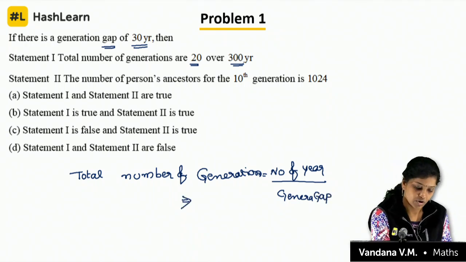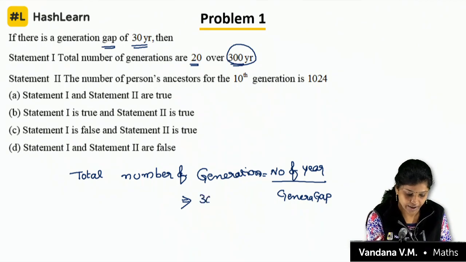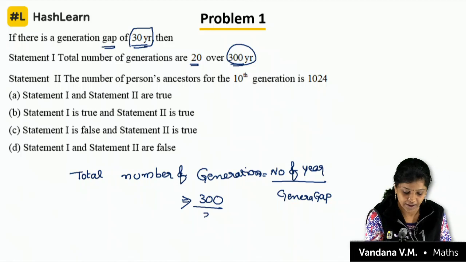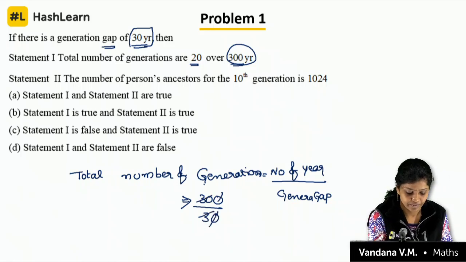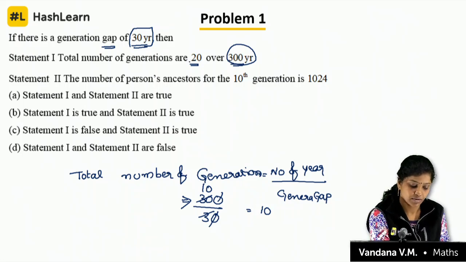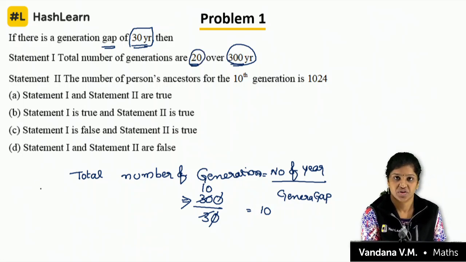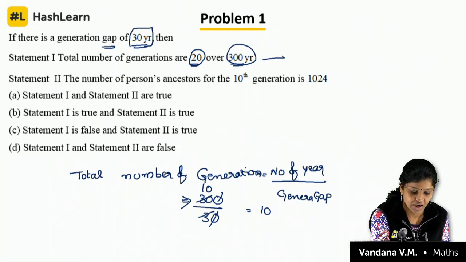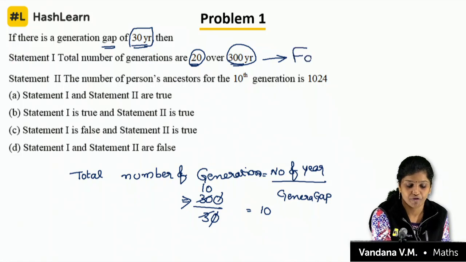Total number of years, how many years are there? 300 years. And the generation gap is 30. So it is 10. But what were they telling? There are 20 generations. No. Actually, how many generations will we get here? Only 10 generations. So whatever statement given by them is false.